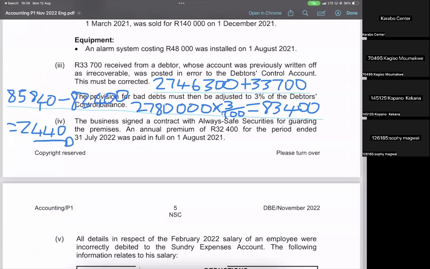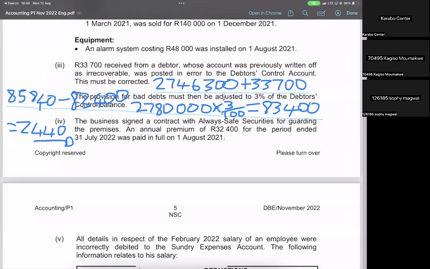You usually get these questions as insurance and advertising adjustments. In this case, they only changed the name; now it's securities.